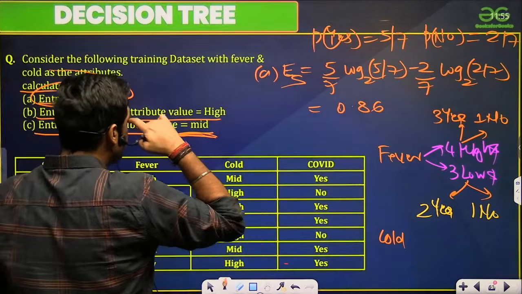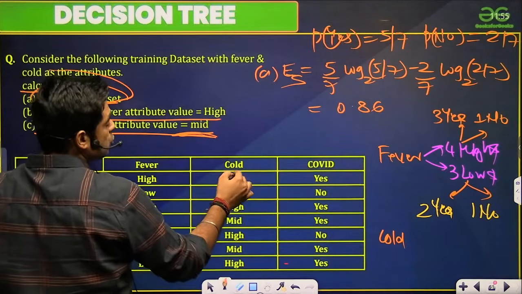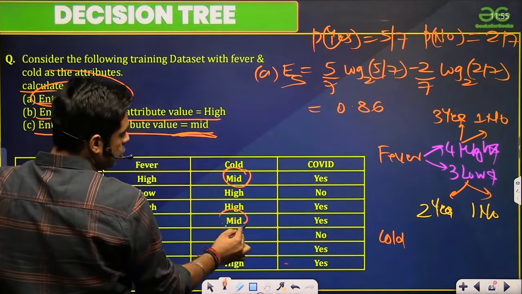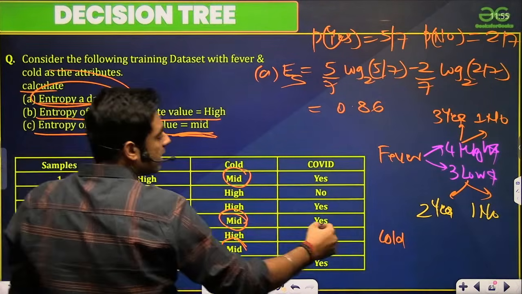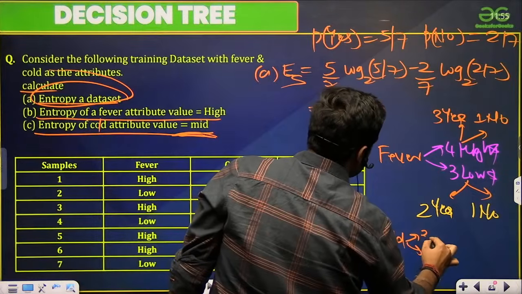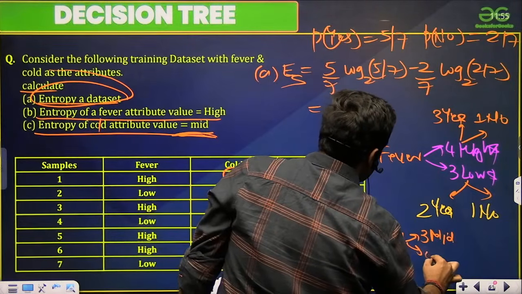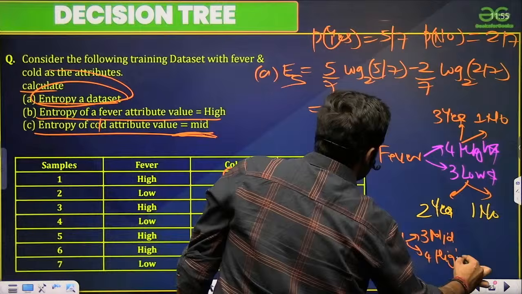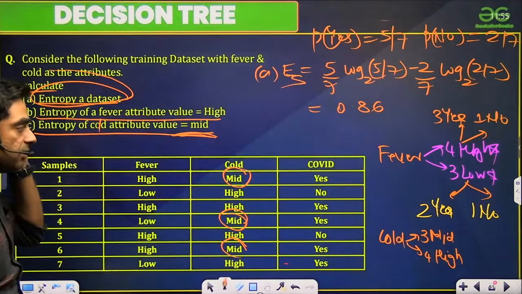Cold has how many mid and highs? When cold is mid, we have 3 mid, and when it is high, we have 4 highs.